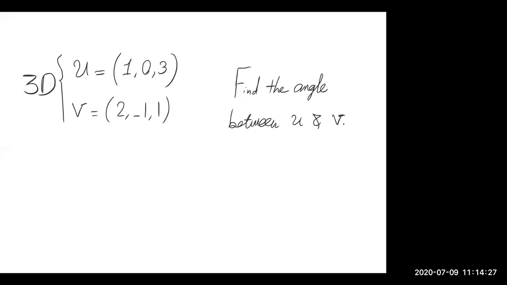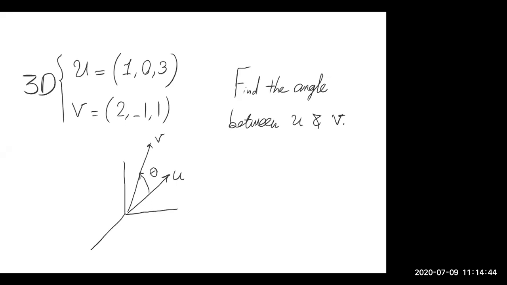Here, in this case, we are in three-dimensional space. If we have two vectors, u and v, inside three-dimensional space, you can still define the angle between u and v, right?